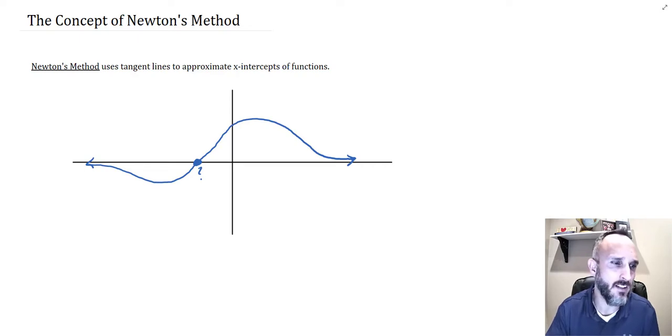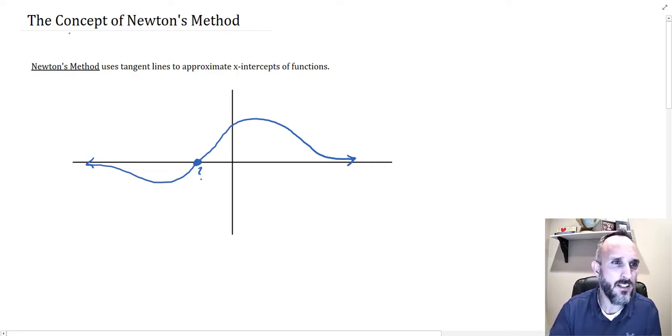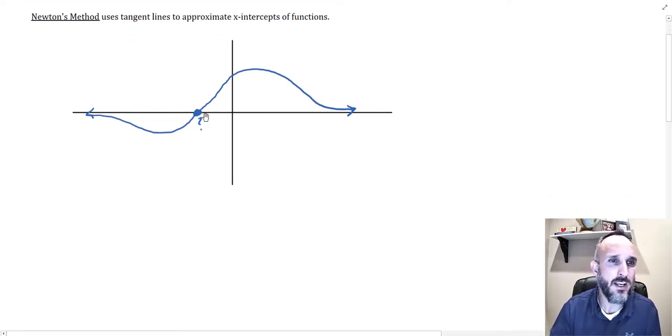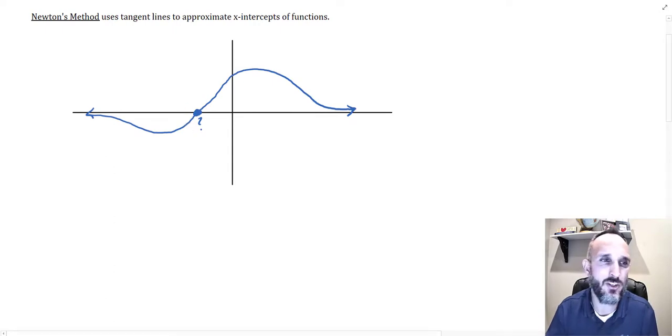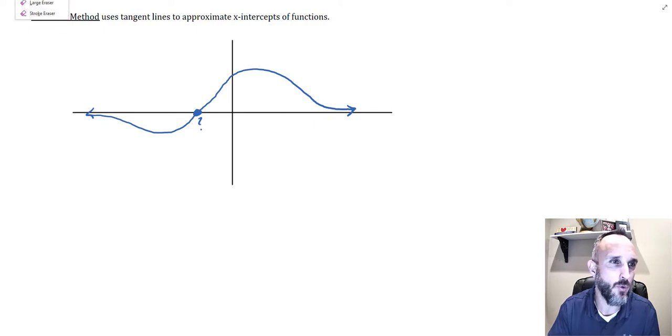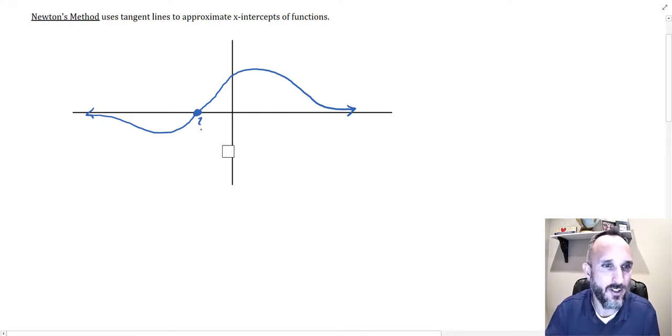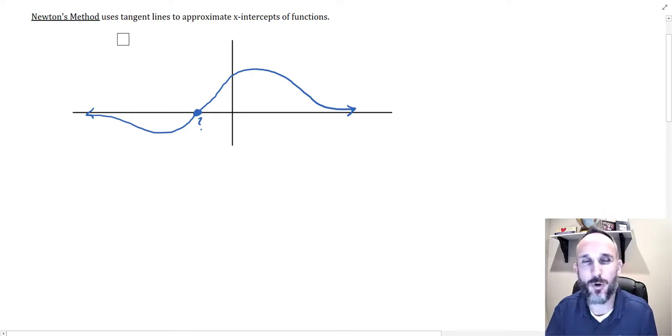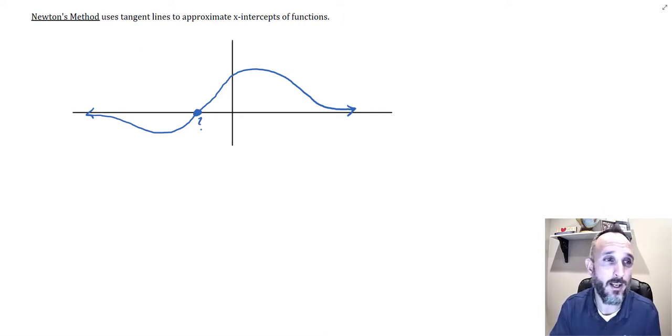The first thing you need to do is make an initial guess or approximation as to what this value is, and that's actually really important. I'll try to point out to you later what happens if you make a bad approximation, because it can ruin your day.